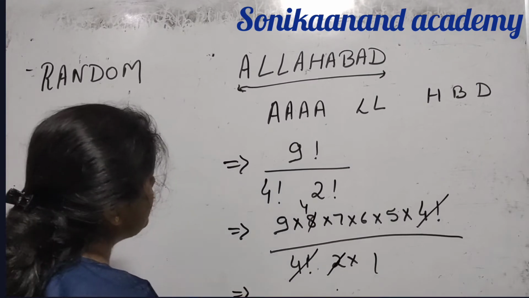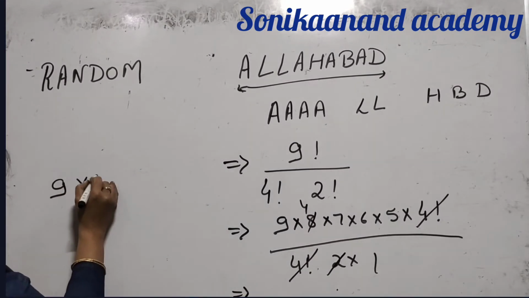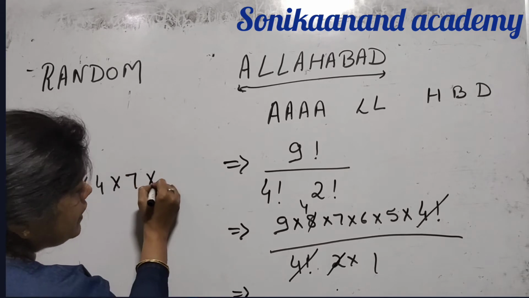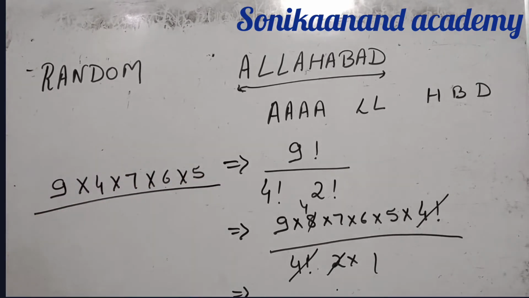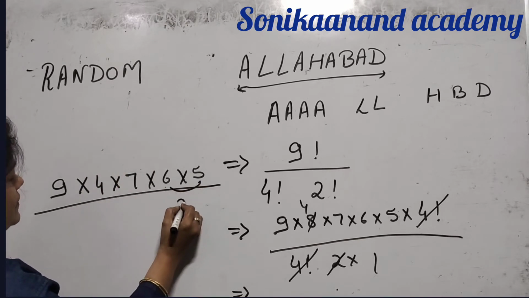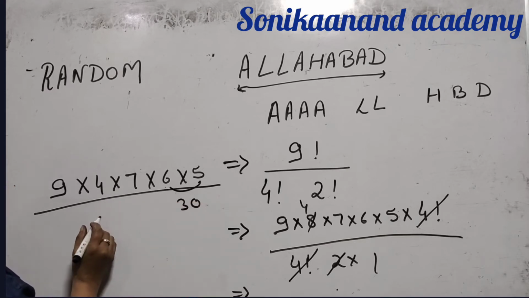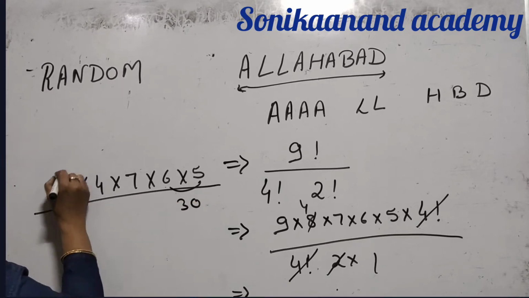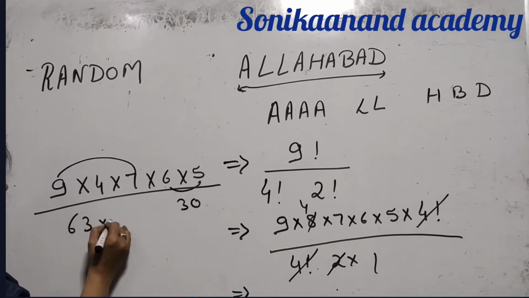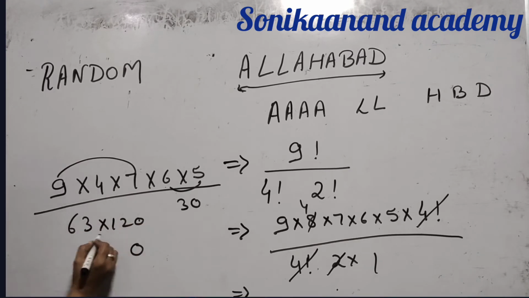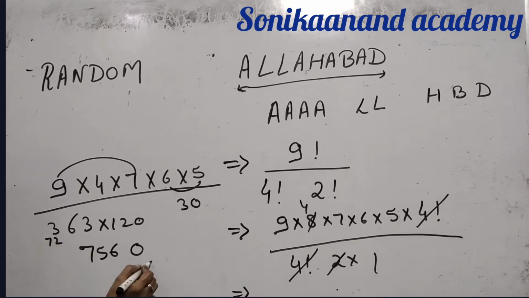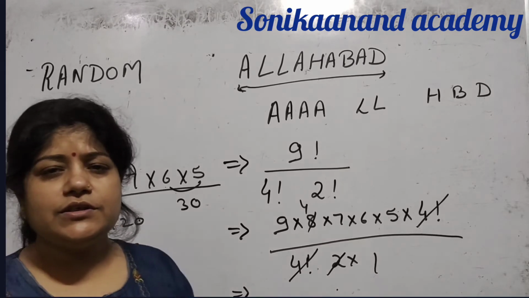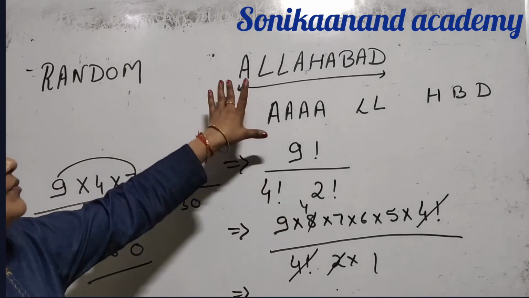So we are left with 9 into 4 into 7 into 6 into 5. This is the required answer. When we multiply this, 5 6s are 30 and 9 7s are 63. 63 into 30 gives the overall number of permutations which we can make from this arrangement.